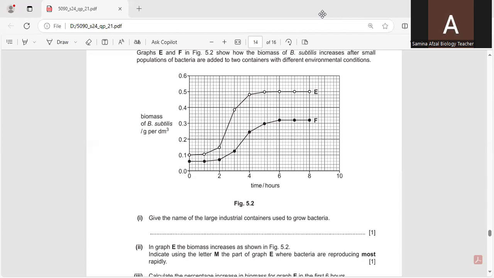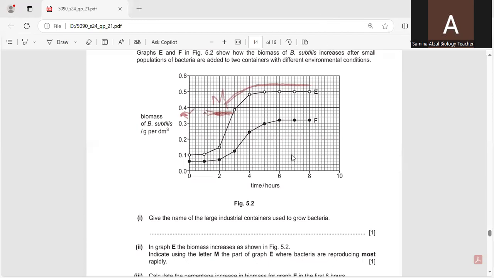Here you can say this is the point where the bacteria start growing rapidly in this way. So we will put the M over this point.